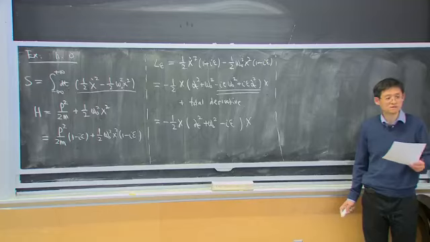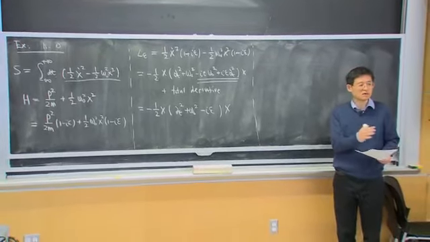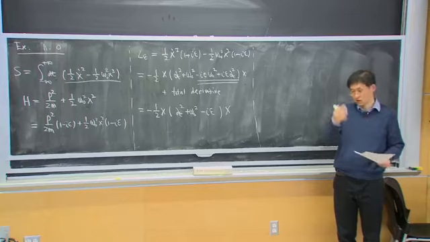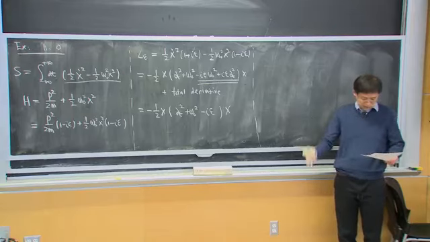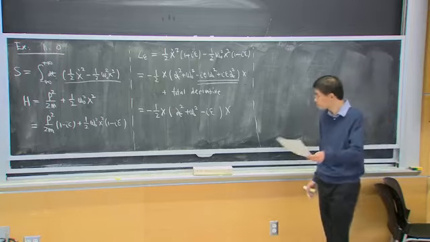Is this clear? Any positive thing multiplied by epsilon still gives you epsilon, because it is just a small number, it doesn't matter.